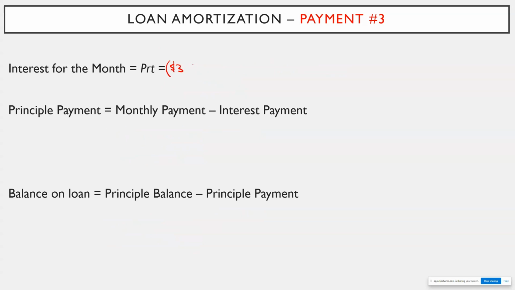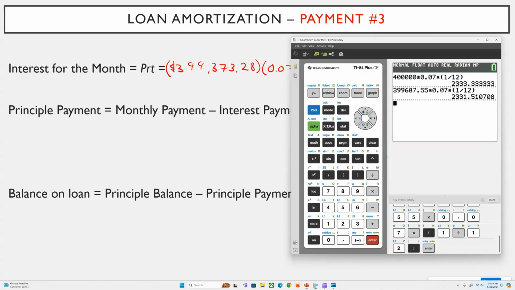So it's $399,373.28. Our mortgage rate is 0.07 over 1, and multiplied by time, each month is 1/12 of a year.